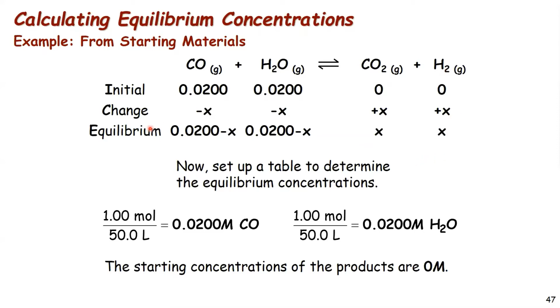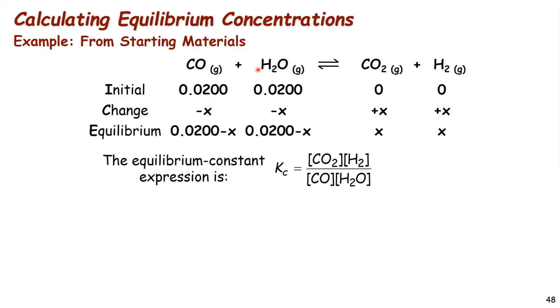Now we can plug this into our equilibrium constant expression, which is going to be K is equal to the concentration of CO2 raised to the first times the concentration of H2 raised to the first, divided by the concentration of CO raised to the first, divided by the concentration of H2O raised to the first. Okay.